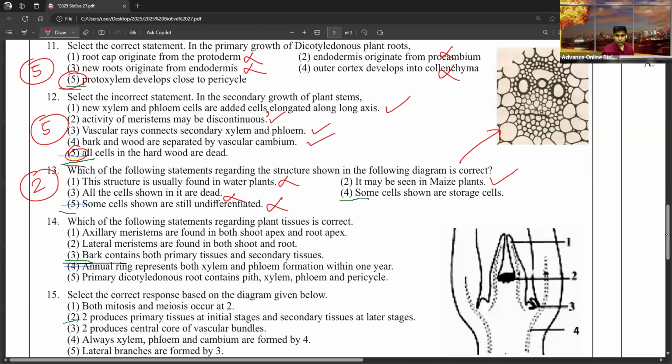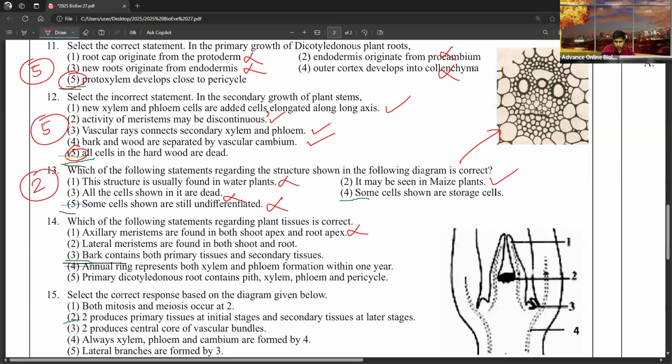All right, question number 14. Which of the following statements regarding plant tissue is correct? Axillary meristems are found in both shoot apex and root apex. Wrong.